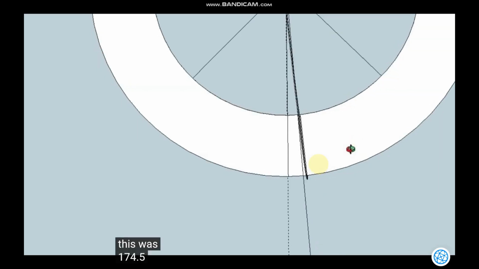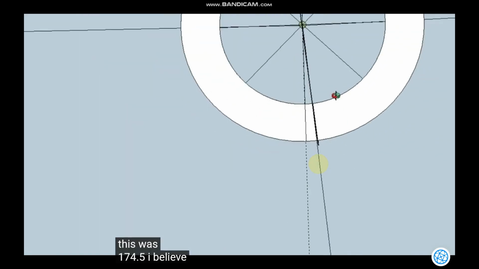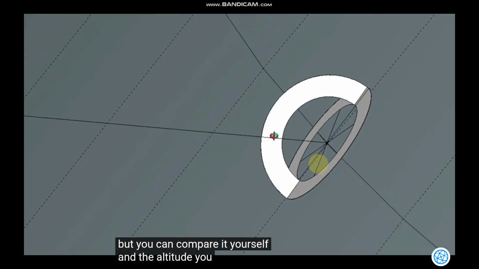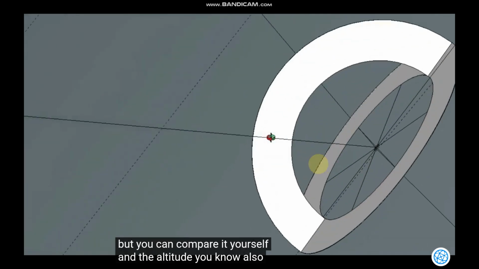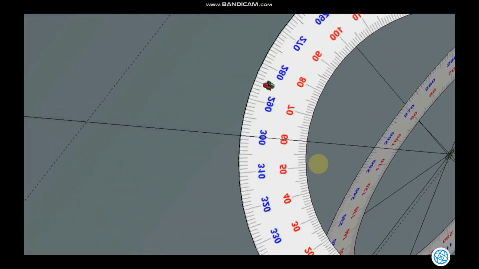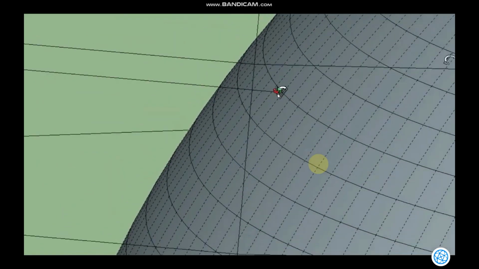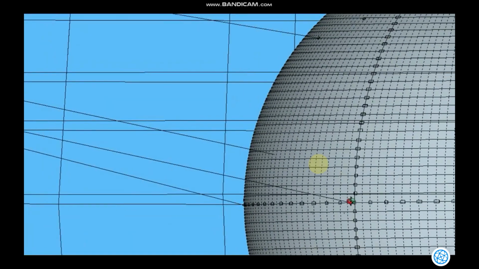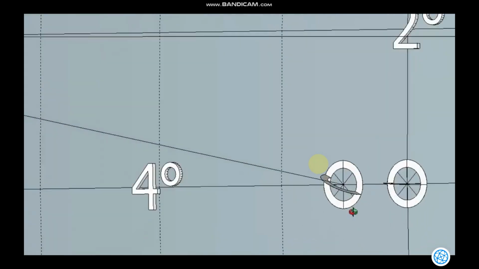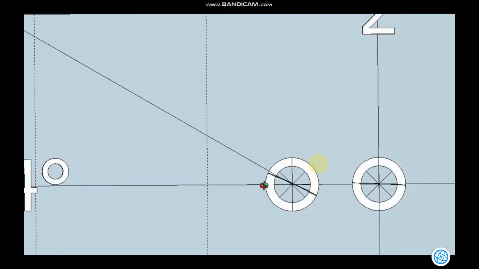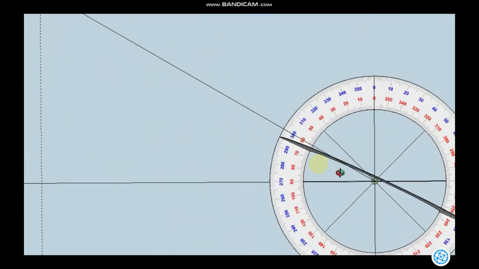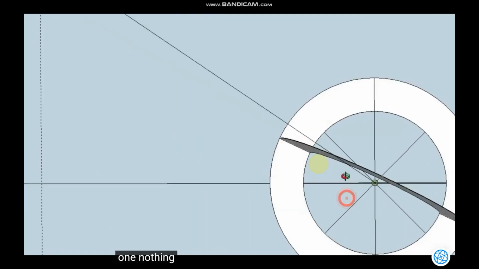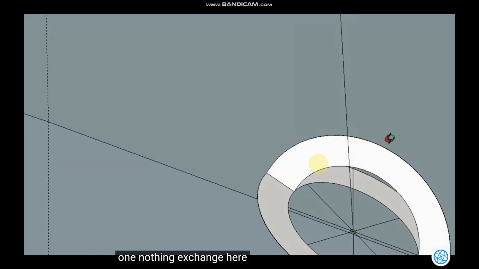This was 174.5 I believe, but you can compare it yourself, and the altitude you know also. And now the last one. Nothing is changed here.